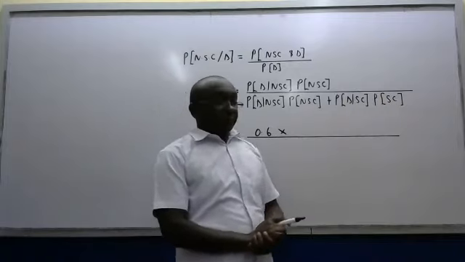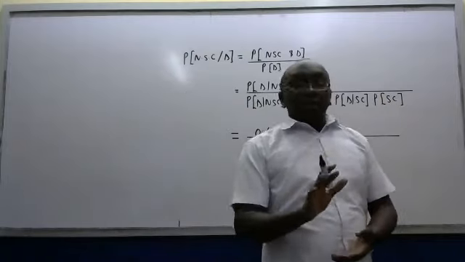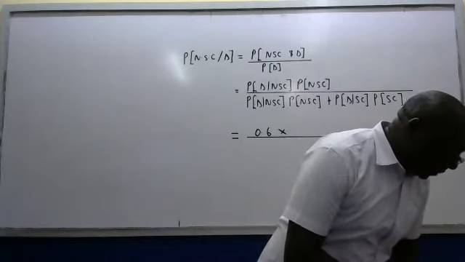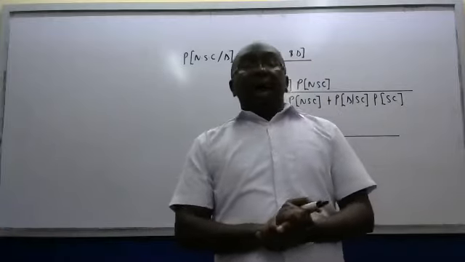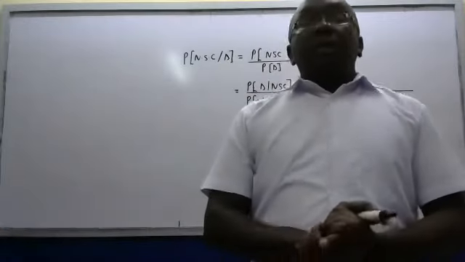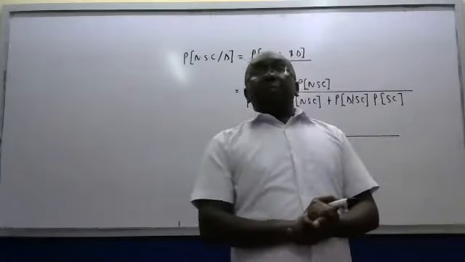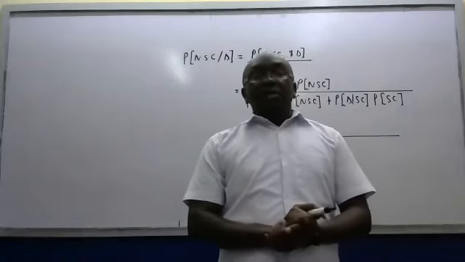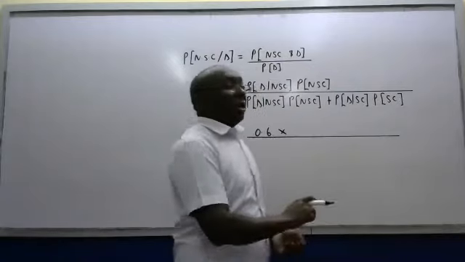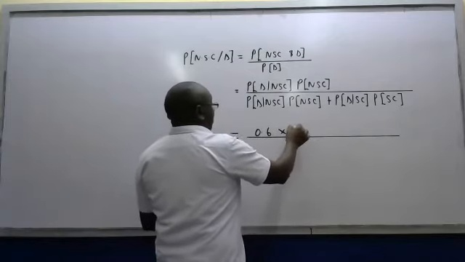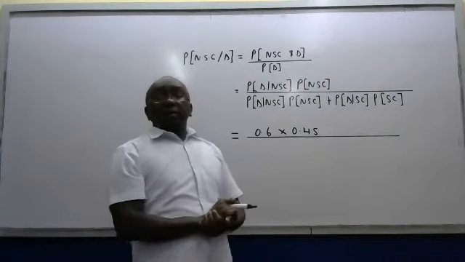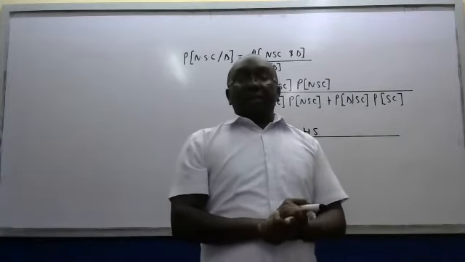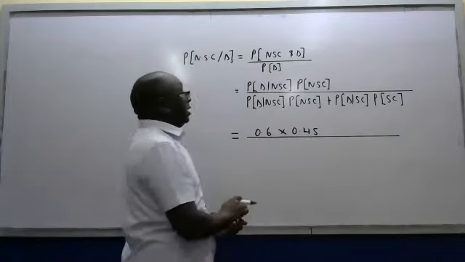Then we are told the chances that the machine is set correctly are 55%. That means the probability that the machine is not set correctly must then be 45%.